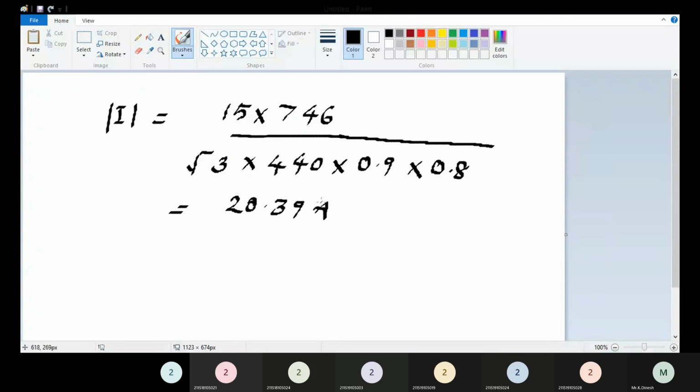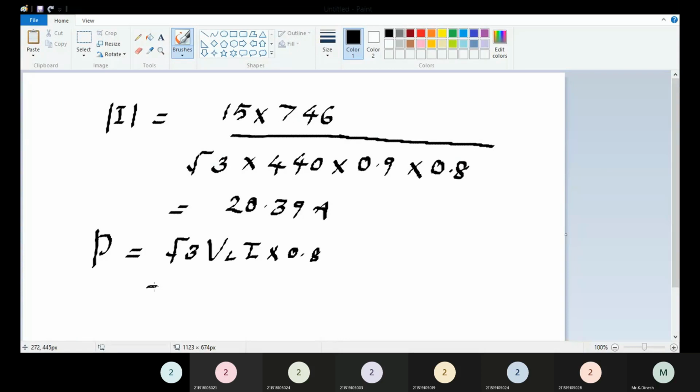Next we have to find the real power drawn from the line. Simple relation we have: P equals root 3 VL I cos phi, where cos phi is 0.8.